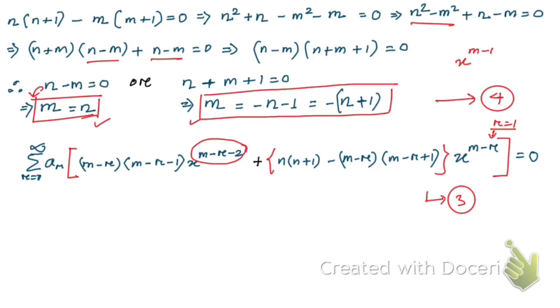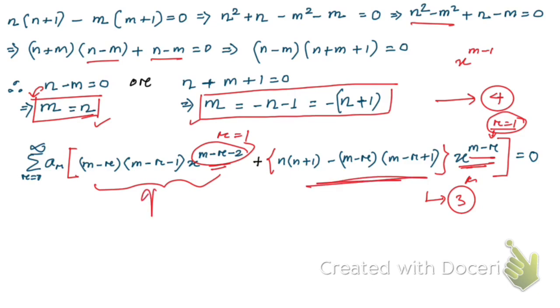So if we get x to the power m minus 1 from here, putting r is equal to 1, then we will not be able to get m minus 1 from the other term, because this power is smaller than this one. We're going to take the coefficient of x to the power m minus 1 from here only, not from this term. Hope you have understood what I'm trying to say.